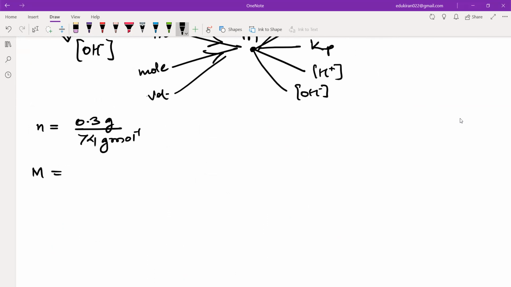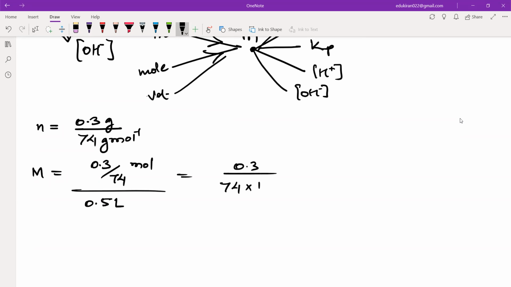What will be the molarity? The concentration of Ca(OH) whole twice will be the molarity, that is 0.3 divided by 74 moles, divided by 500 ml of solution, that means 0.5 liters. You can write this as 0.3 divided by 74 into 1 by 2, in moles per liter.